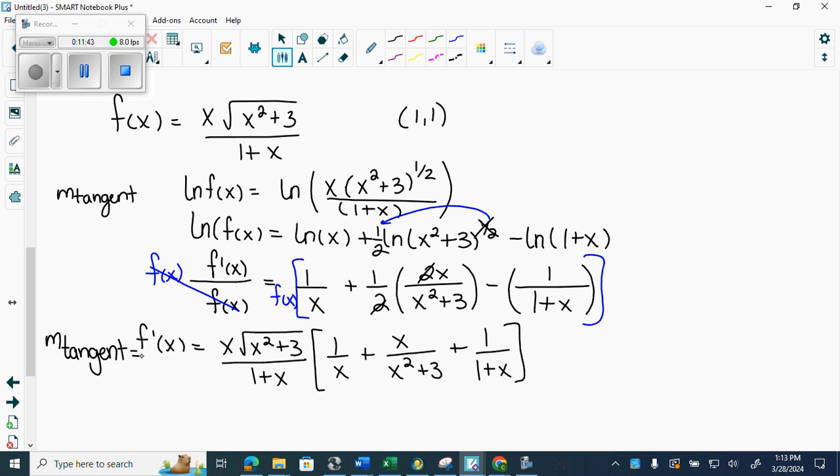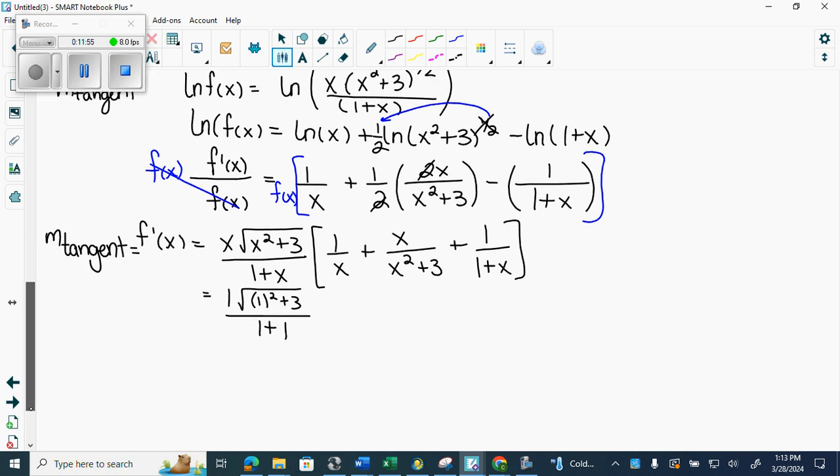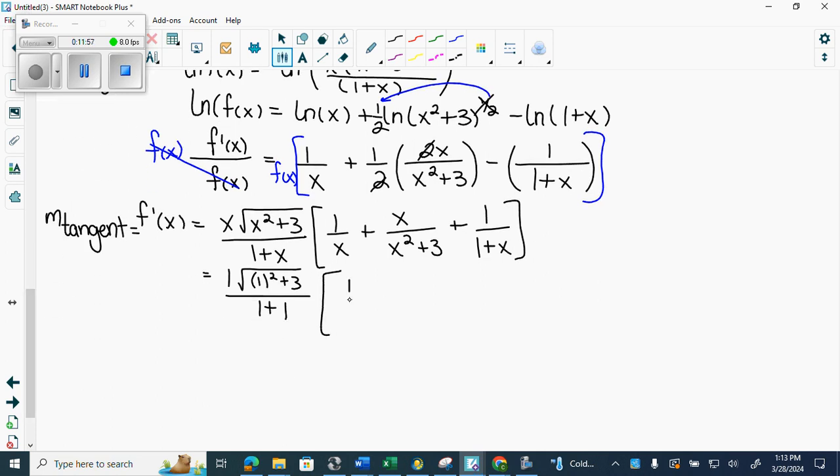Because we have x and y. So we're going to get 1 square root 1 squared plus 3 over 1 plus 1, bracket 1 over 1 plus 1 over 1 squared plus 3 minus 1 over 1 plus 1.